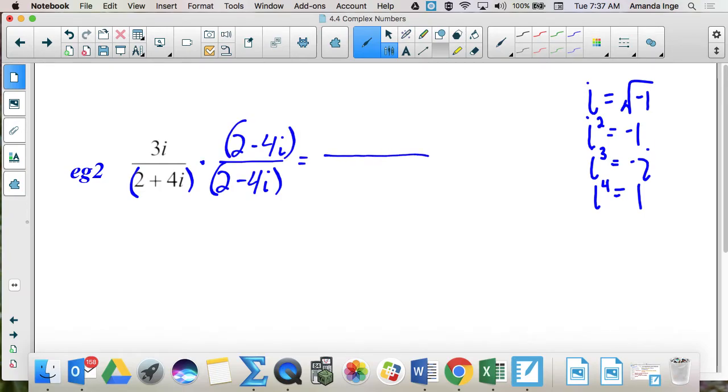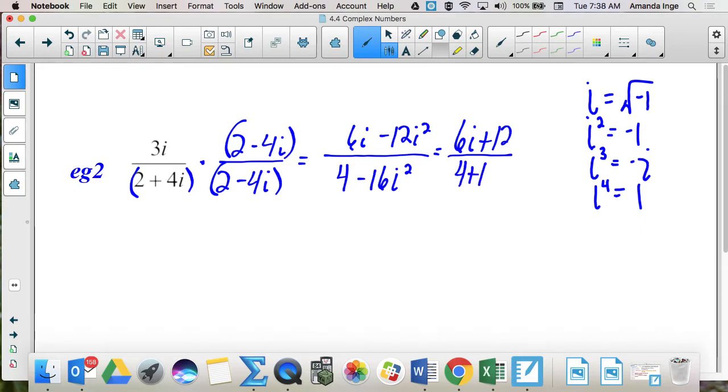So once again, the denominator is going to give us 4 minus 16i squared, and we get 6i minus 12i squared in the numerator. So that's 6i plus 12, because i squared is equal to negative 1. And it's 4 plus 16, which gives us 20. We get 6i plus 12 divided by 20.